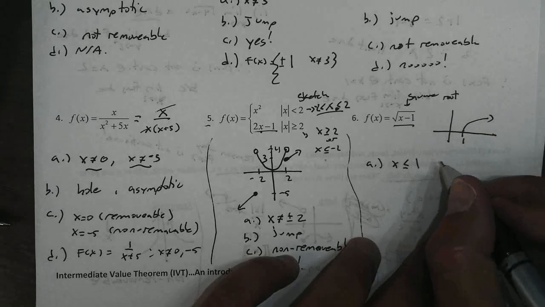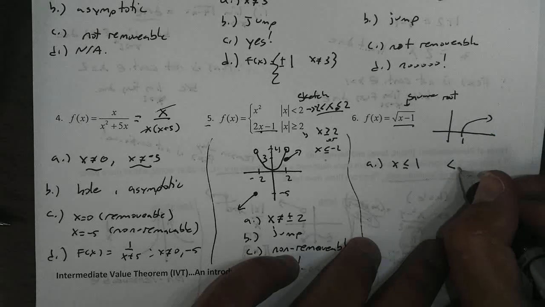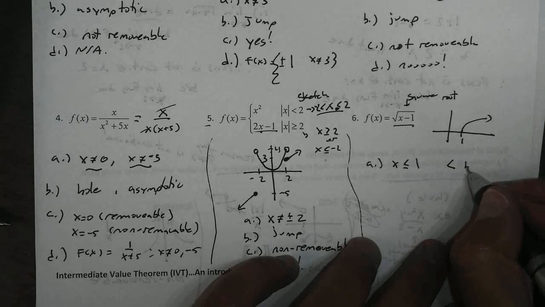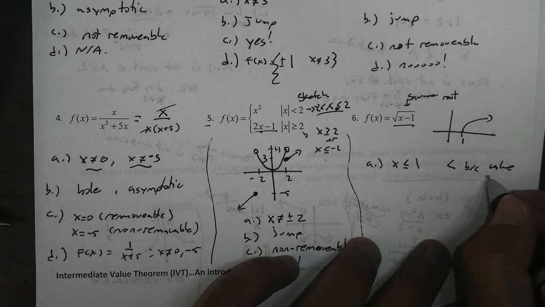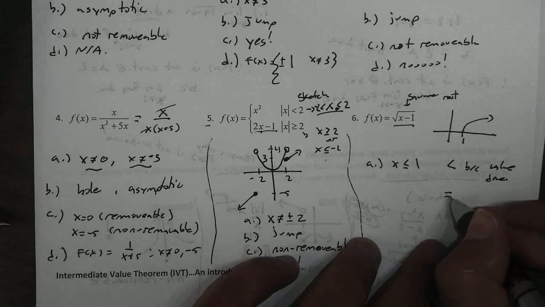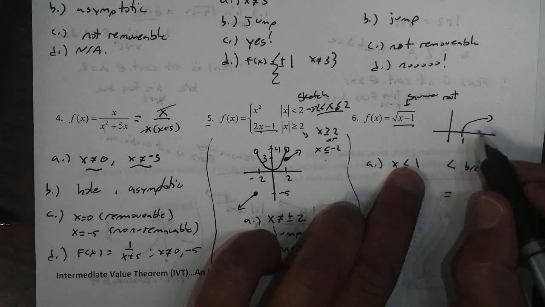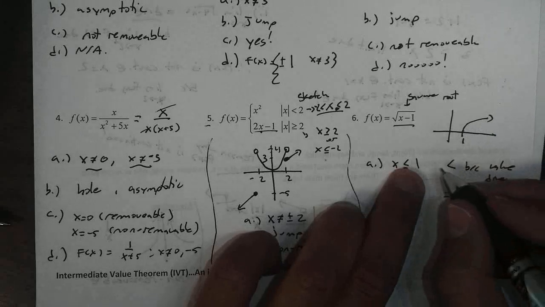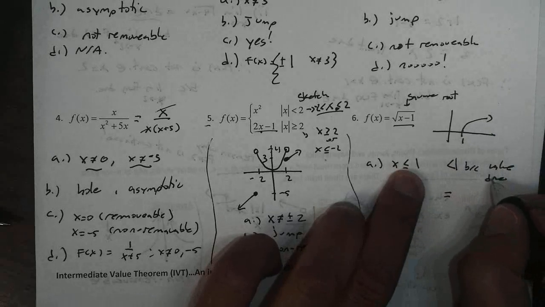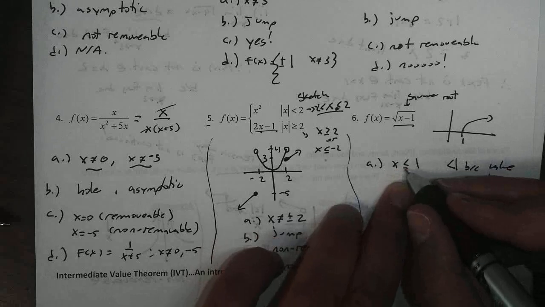It's less than because the value does not exist. But what about the equal to part? See, sometimes people say, well, isn't it continuous at 1? The value exists at 1. Anything less than 1, the value does not exist. But at 1, the value exists, so why are we saying equal to?